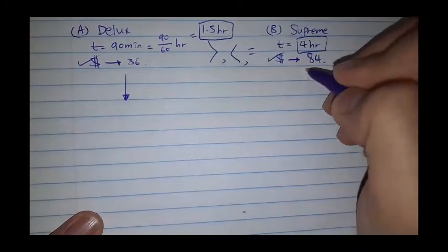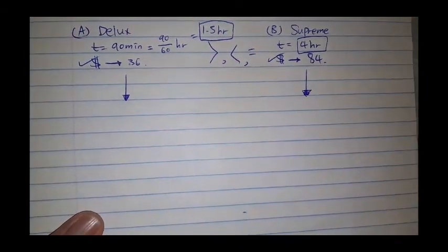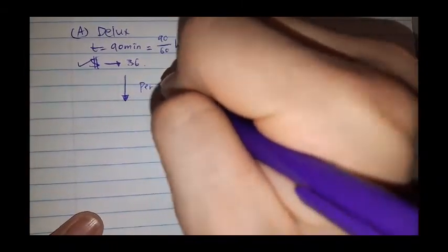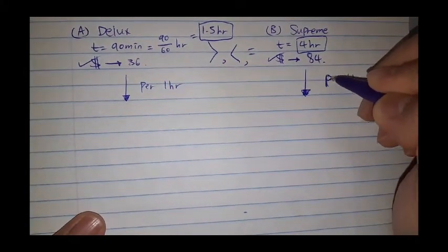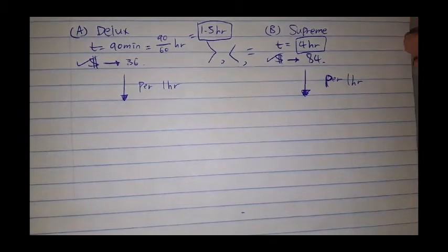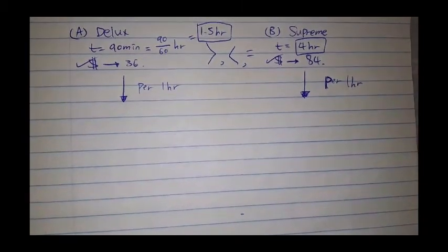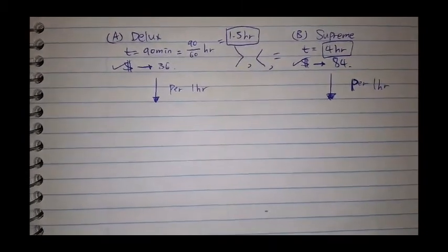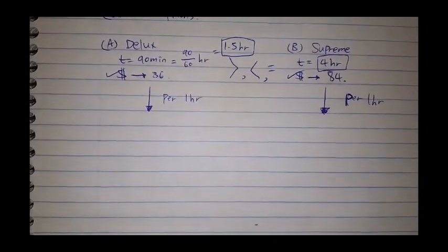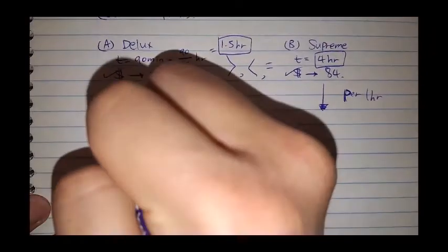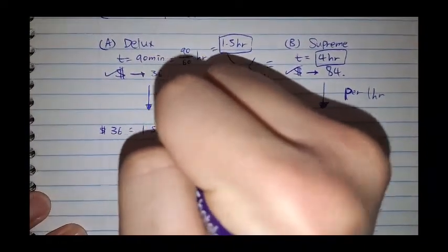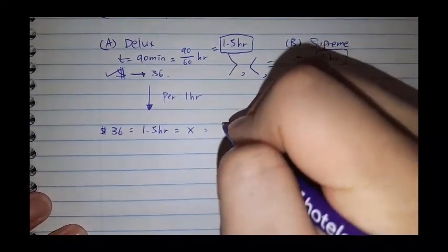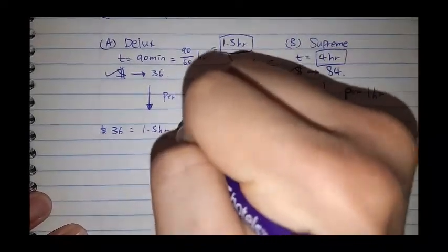And what we're going to do is find out how much it costs per hour, so that we can compare the exact same amount of time in a cost-benefit calculation. First, $36 was for 1.5 hours. How much will it be for one hour?